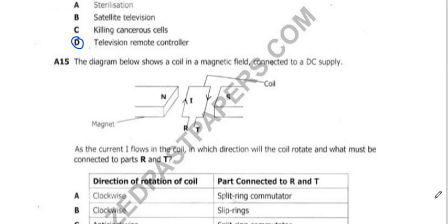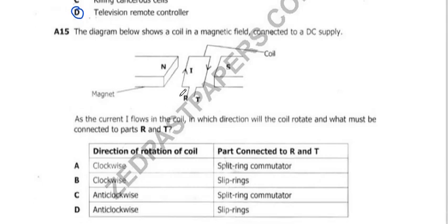Question 15 says the diagram below shows a coil in a magnetic field connected to a DC supply. So there we have the diagram. We've got R and T, which are going to the DC supply, and we've got the North Pole and the South Pole, and current moving there.